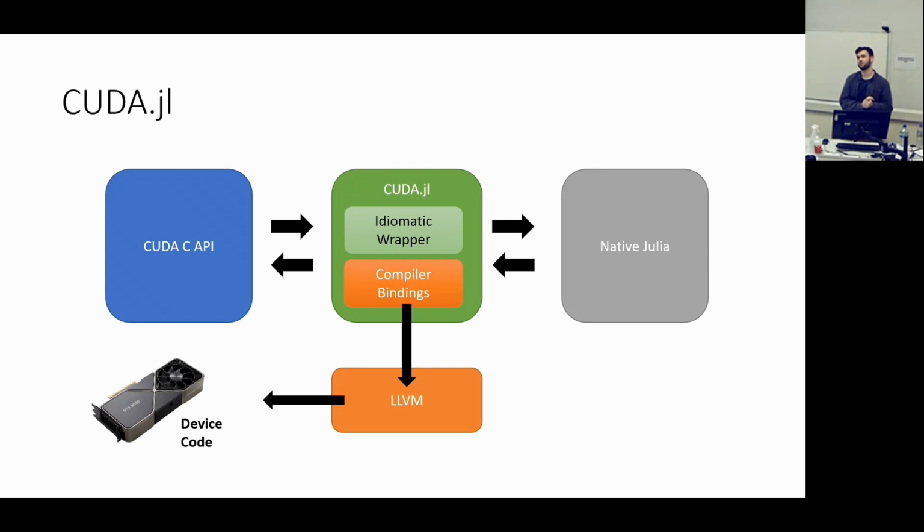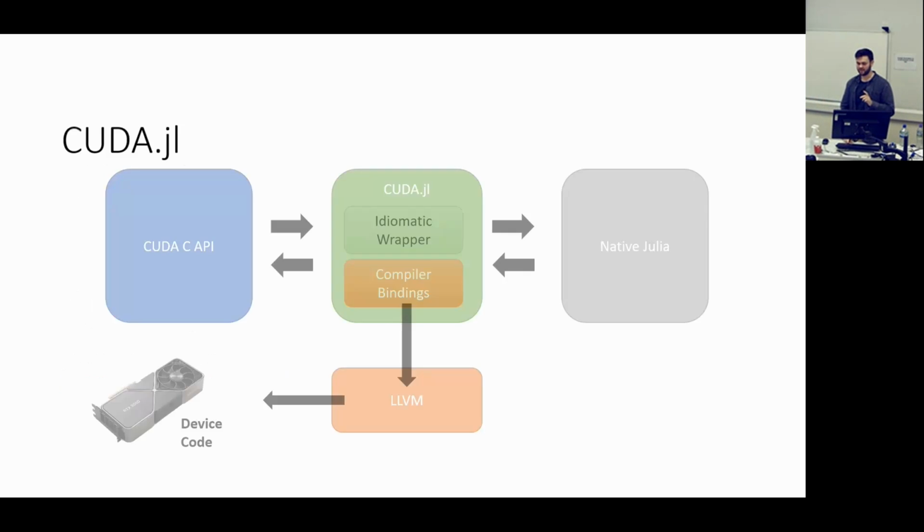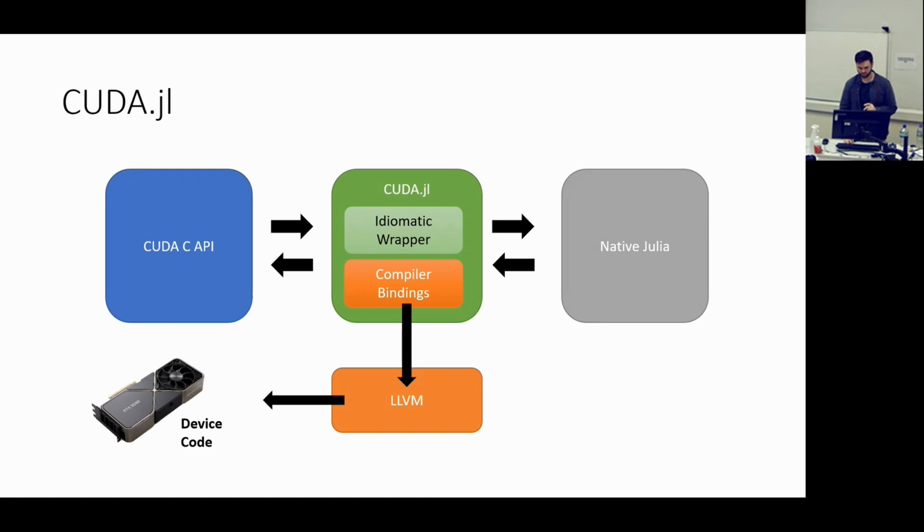LLVM then creates your device code to run essentially your native Julia code directly on the GPU without having to cross into another language at any point. Again, we'll see this in just a minute.